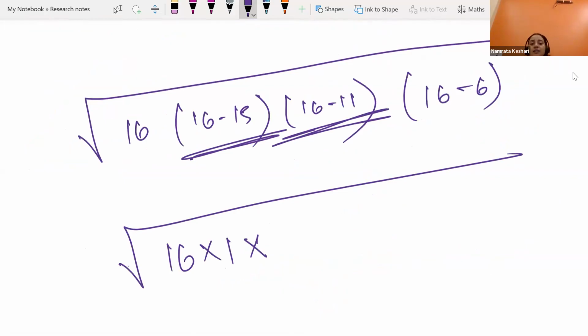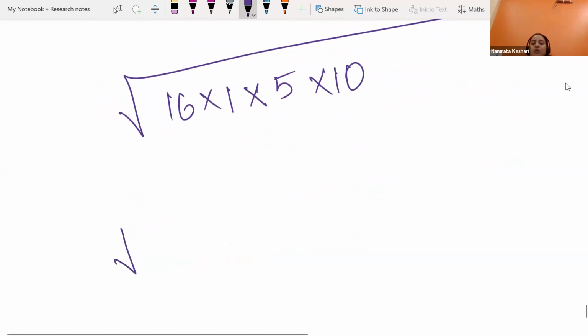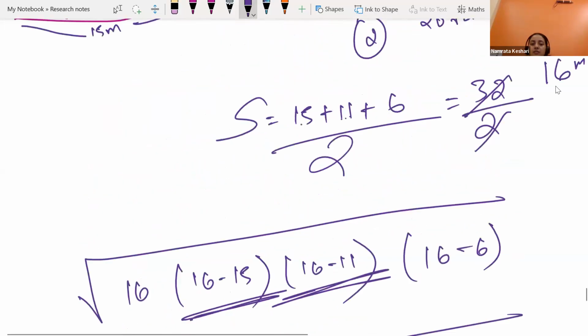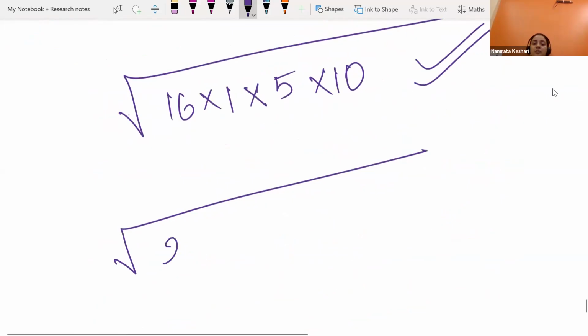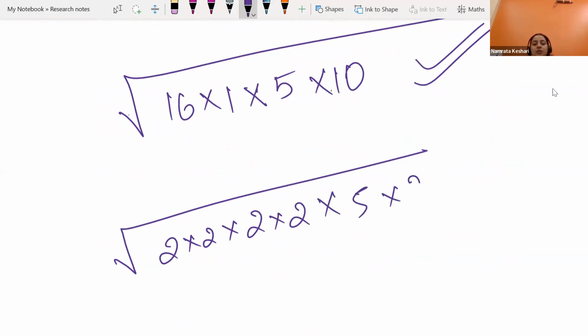Why, Sarah, have you still not got it? Have you done till here? Yes, ma'am. After this, we'll be doing 16 means 2 into 2 into 2 into 2. 1 is just nothing, 5, and 10 means 2 into 5. Break it into smaller numbers if you are getting confused. This number is in pair, 1 two will come out.